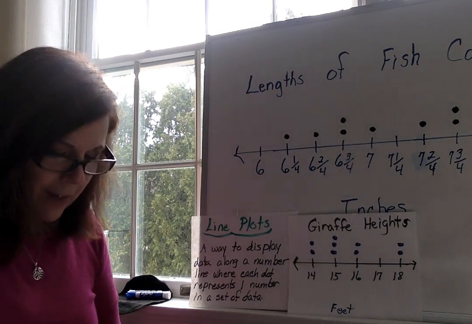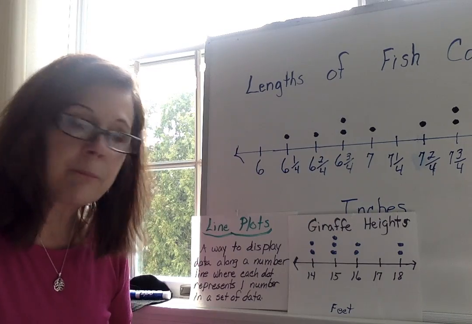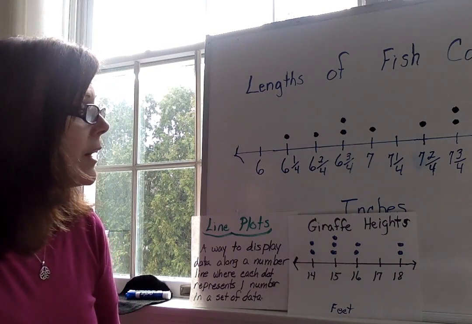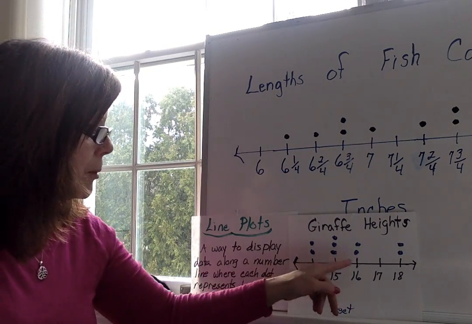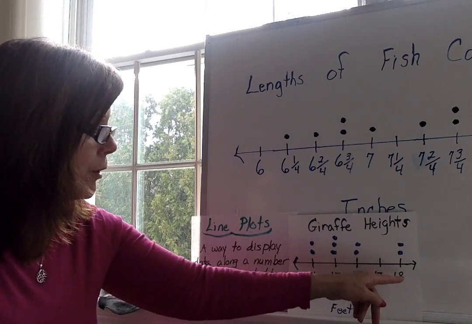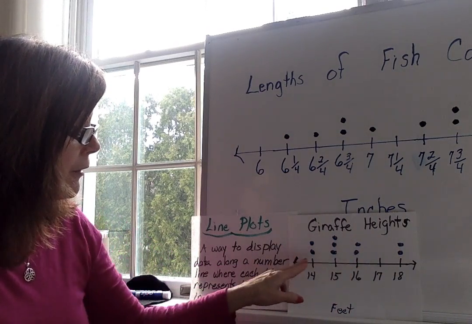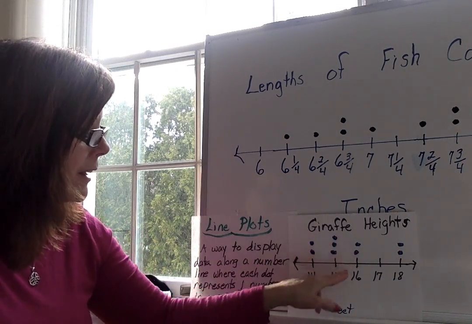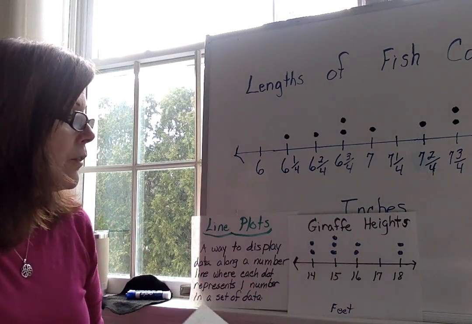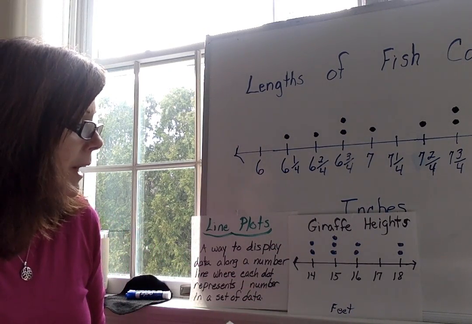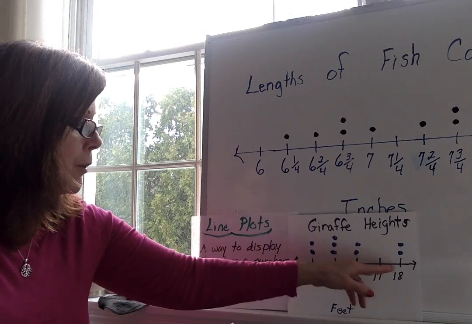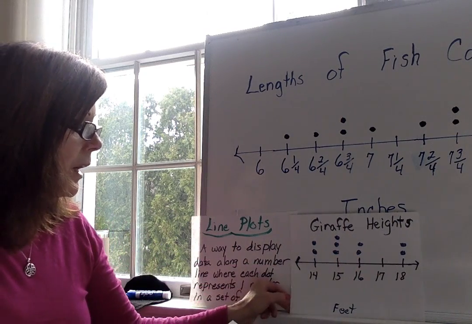And is 18 feet an outlier? What would you say? Well, I would say it probably is because it jumps over a number. These 3 are all right next to each other, and then 18 is one over. So you could consider that to be an outlier. It's a number that's away from the others.